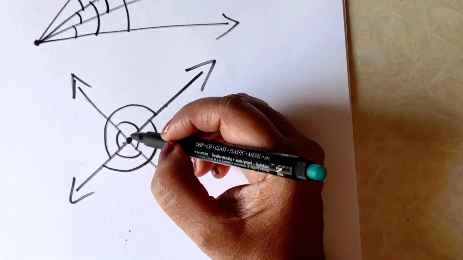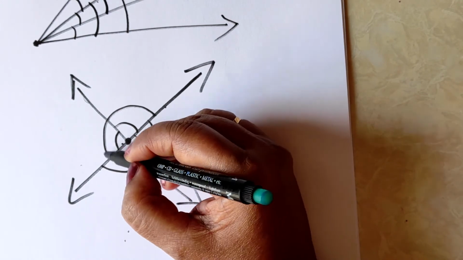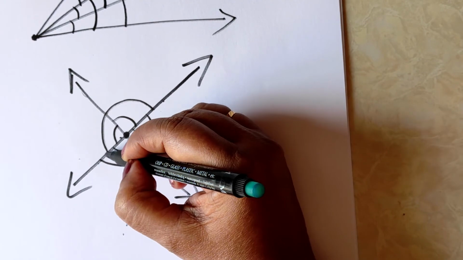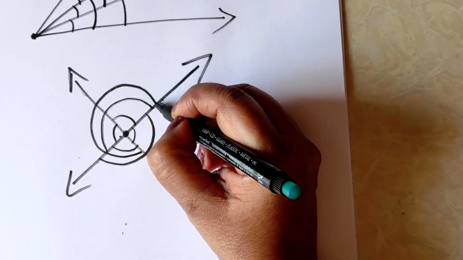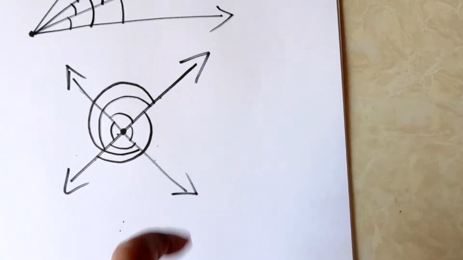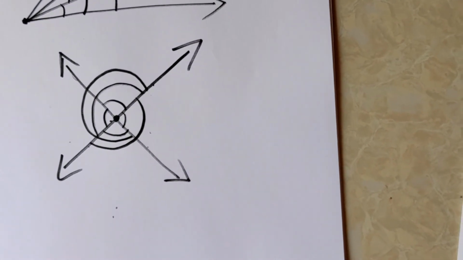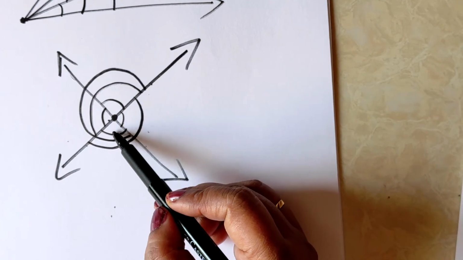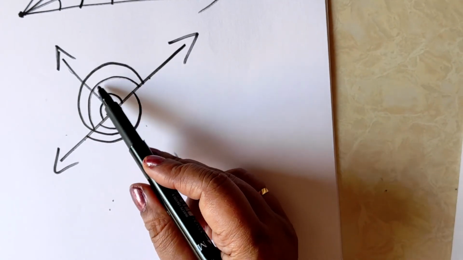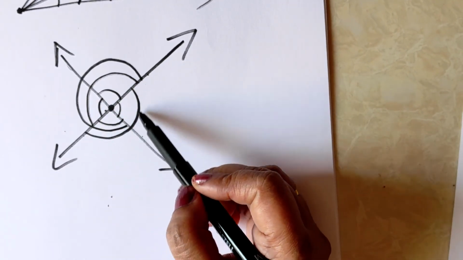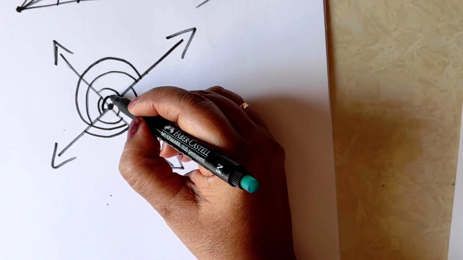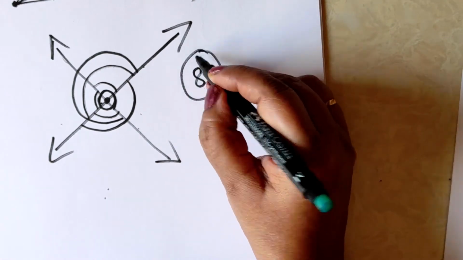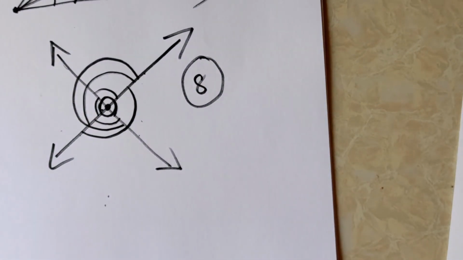And also I can take from this arm till this arm, I can make another angle. So totally there are 8 angles. 1, 2, 3, 4, 5, 6, 7 and one complete circle, 8. There are 8 angles formed from this picture.